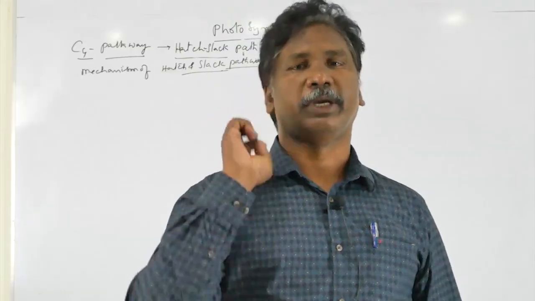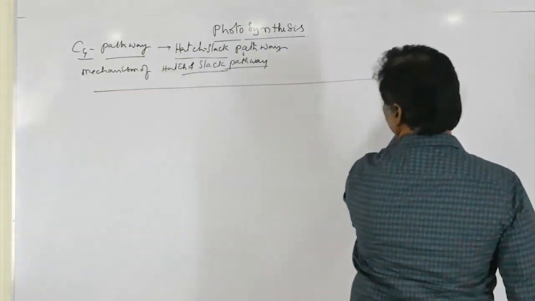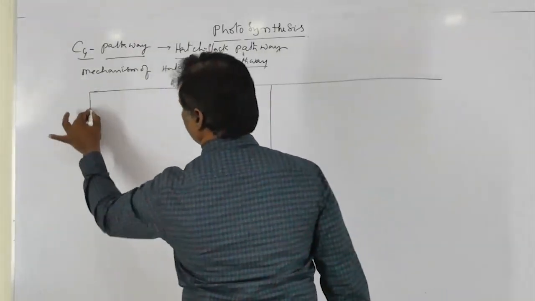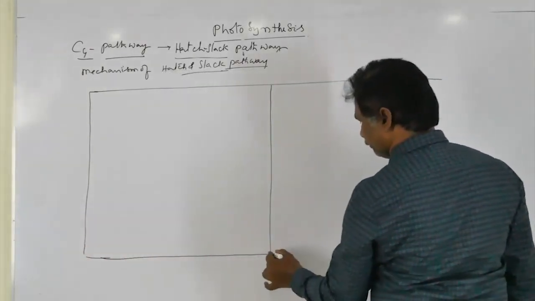Imagine these are the two cells: one is the mesophyll cell and the other is the bundle sheath cell.